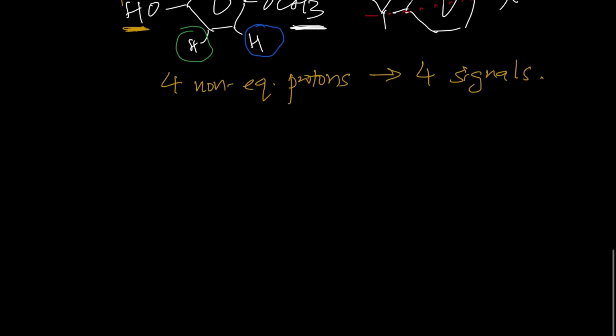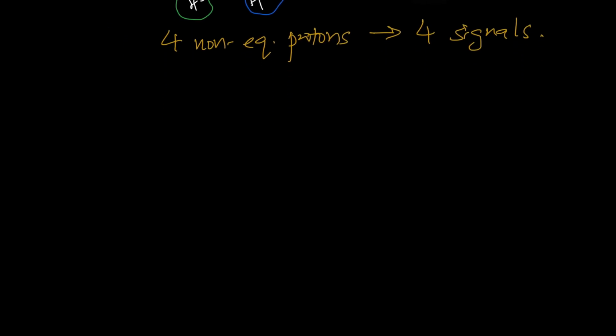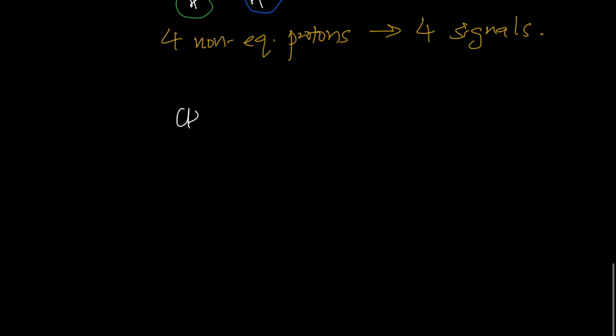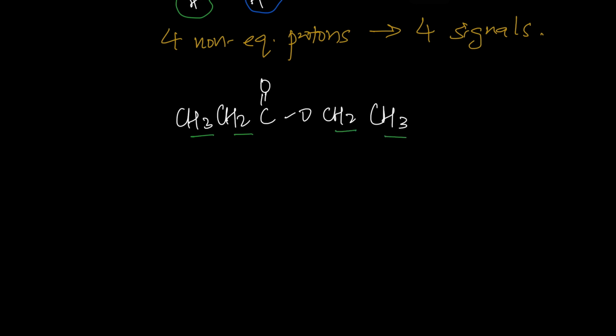I'll give you one last example. CH3, CH2, I give you an ester. CH2, CH3. This is an ester. It is not a symmetrical compound. So the hydrogens at different carbons, they are different. So in total, you have 1, 2, 3, 4.